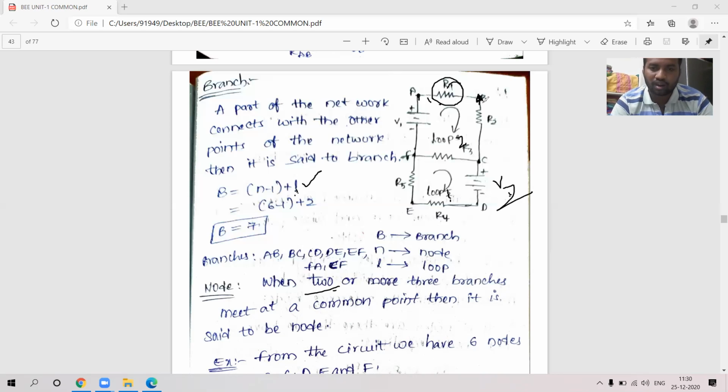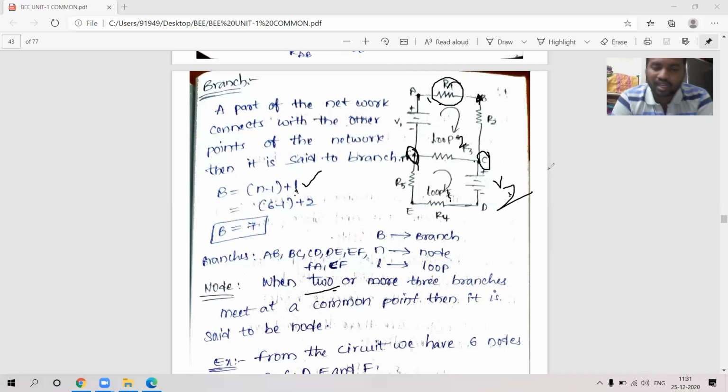You can see that branch AF, branch CF and branch EF are all meeting at point F. You can see the cursor, this is point F. So this is acting like a junction point because 3 branches are meeting here. Not point A, because at point A only 2 branches are meeting. Similarly, point C is also a junction point. Total, how many junction points are there in the circuit?